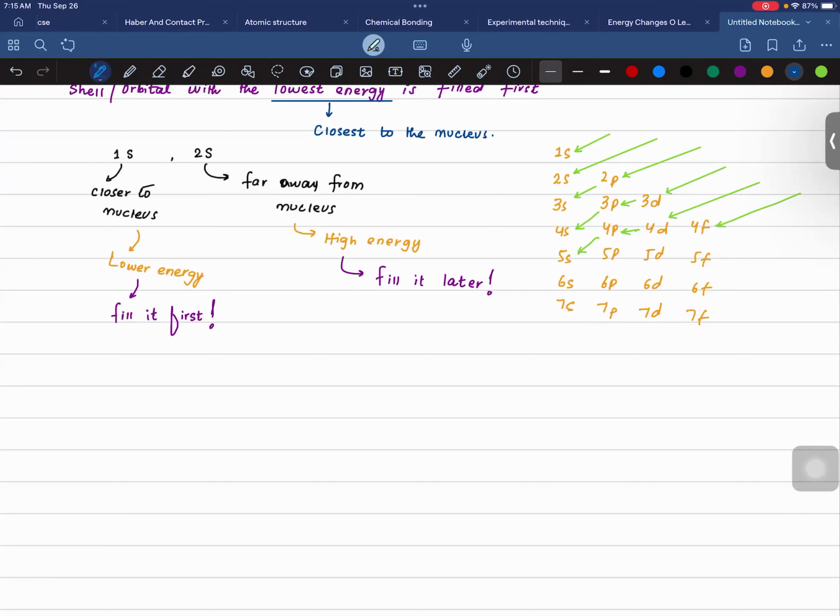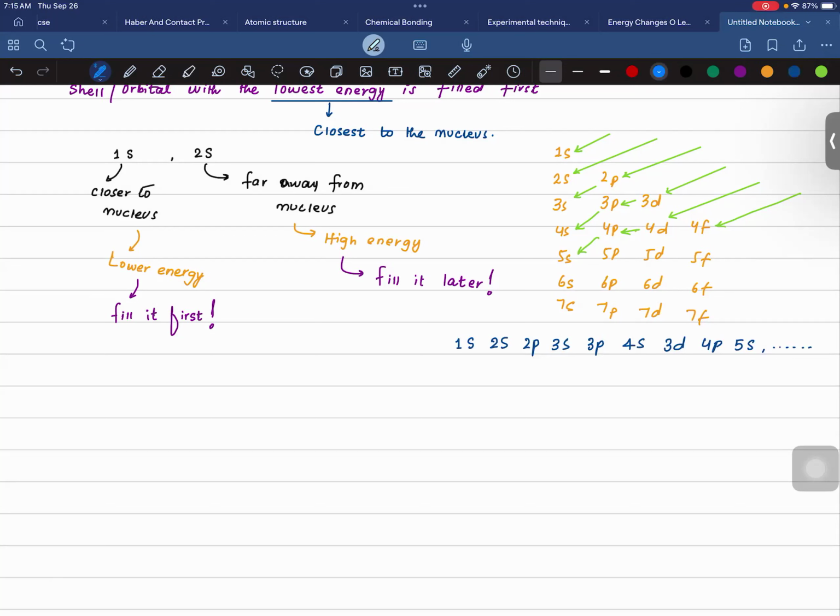Let's suppose if I ask on which orbital is the first arrow, you will say, sir, on 1s. Then 2s, then 2p, then 3s, then 3p, then 4s, then 3d. Okay, then 3d, then 4p, then 5s, then so on.